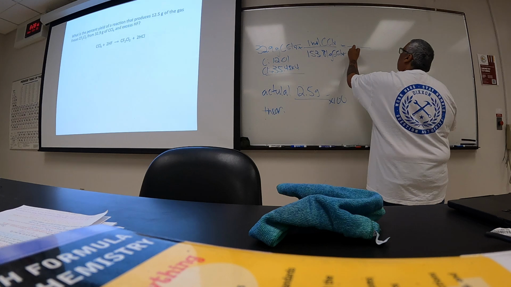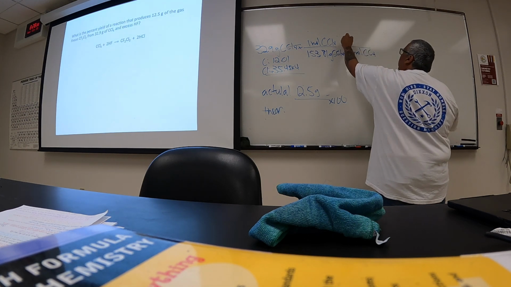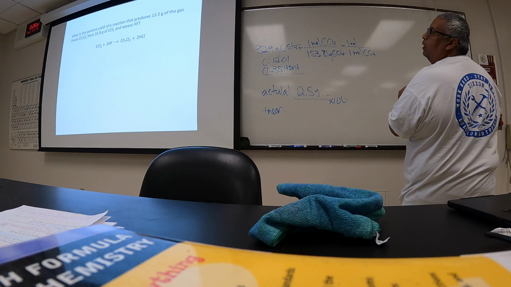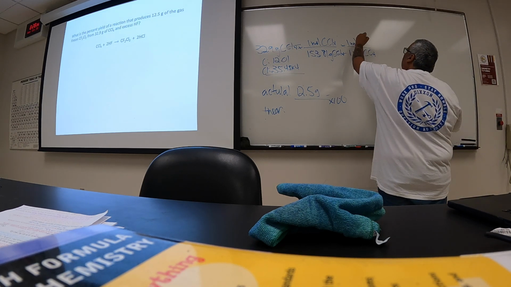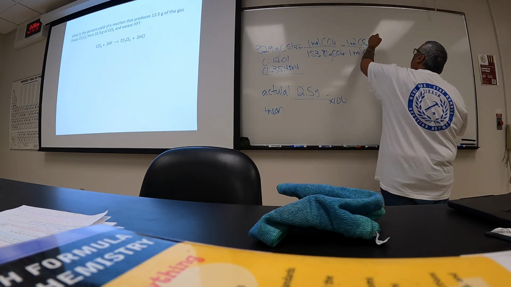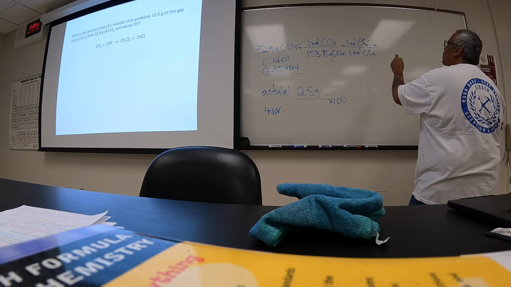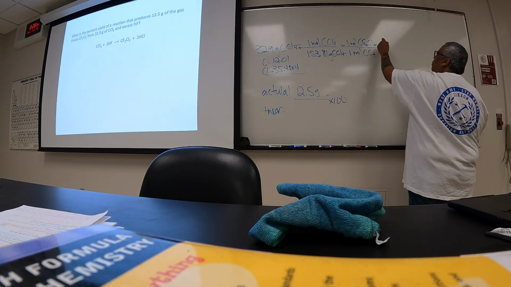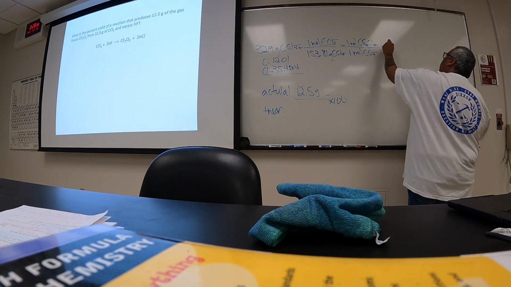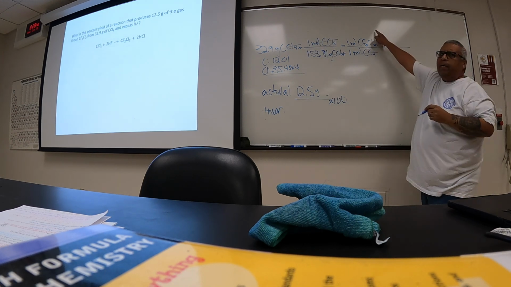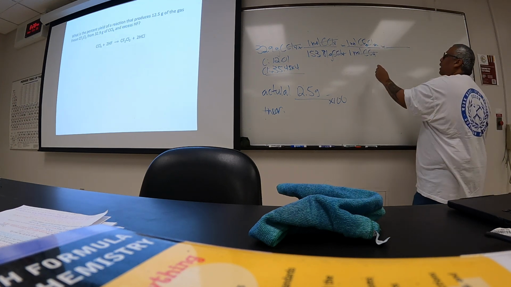For every 1 mole carbon tetrachloride, we have 1 mole of freon, with excess hydrofluoric acid. So this unit cancels out this unit, but we need the grams of this. And right now we're only in moles, so we get the grams from the molar mass from the periodic table.